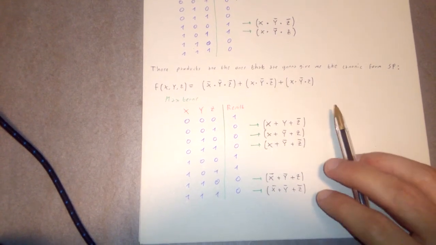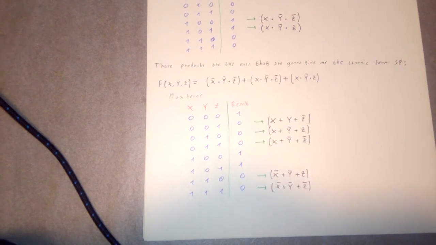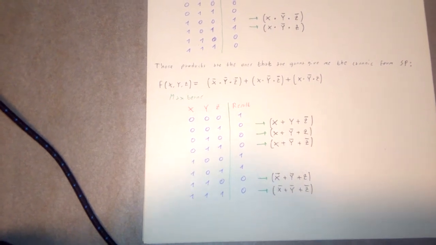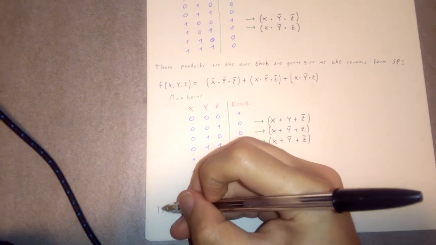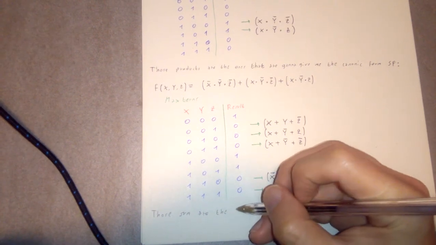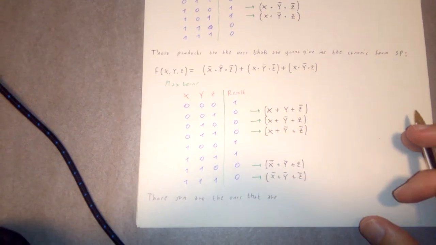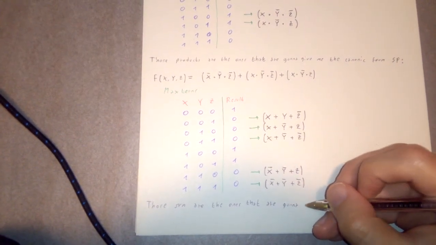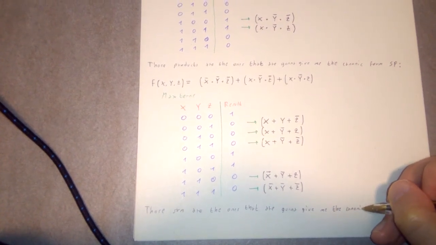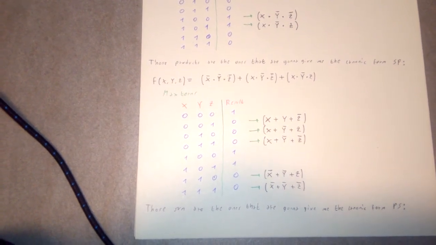Of course, I'm using the sum because Maxterms are given by a product of sums. So we can actually say that those sums are the ones that are going to give me the canonic form PS. So this is a product of sums.